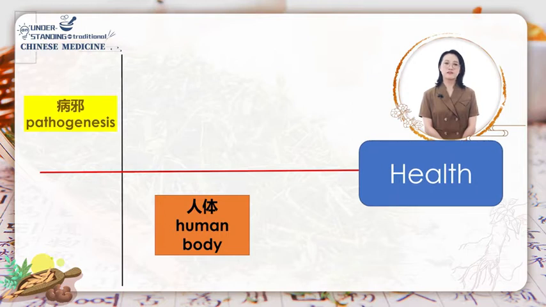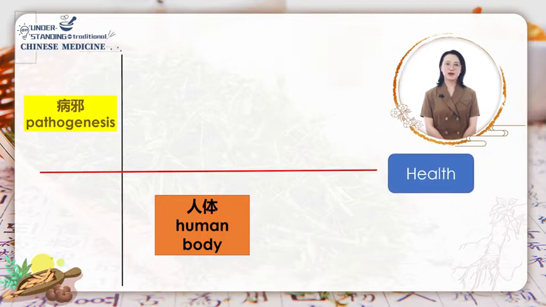And in the pathogenesis chapter, we learned that the human's healthy qi has a dynamic balance with the pathogenic qi. And we also knew there are two causes that will break this balance. One is the pathogenic factor being too strong and becoming a formidable enemy to our body.